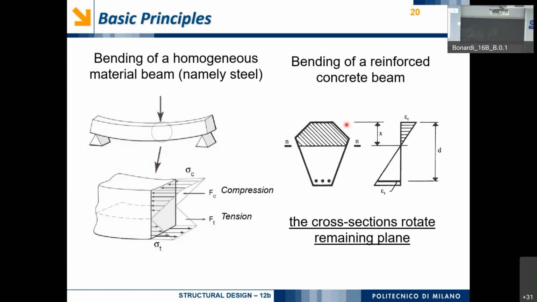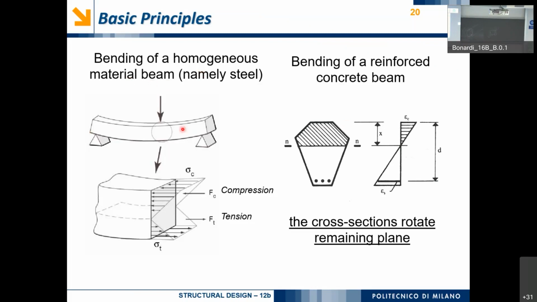If we consider a homogeneous material beam, for example, some metallic, some iron beam, and we assume that the cross section is rectangular or square, whatever.